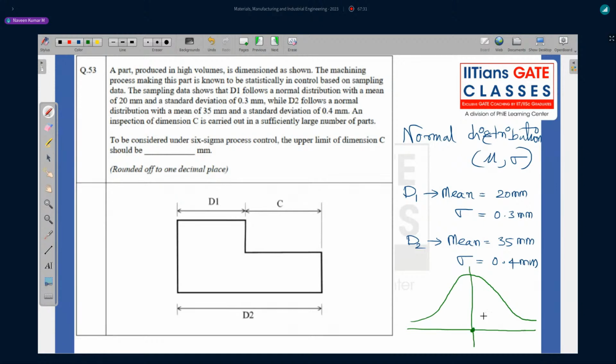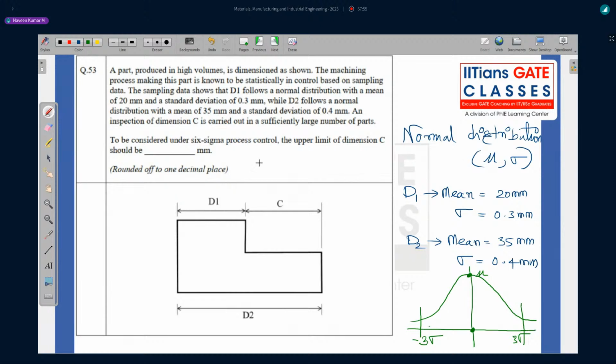This is your mean, mu, and this is your spread, that is standard deviation. This is minus 3 sigma, this is plus 3 sigma. That is what the Six Sigma control process means. We'll see.